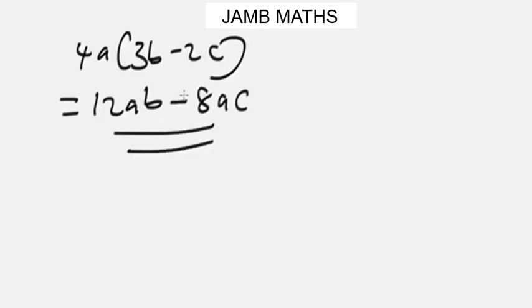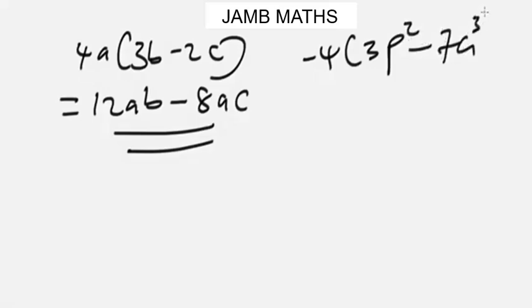Now, single brackets are usually easy. They are easier than double brackets. Let's look at one more example before we go to double brackets, the ones you will mostly see in your maths. Let's say we have minus 4 in bracket 3p squared minus 7a cubed, and we are asked to simplify this expression.